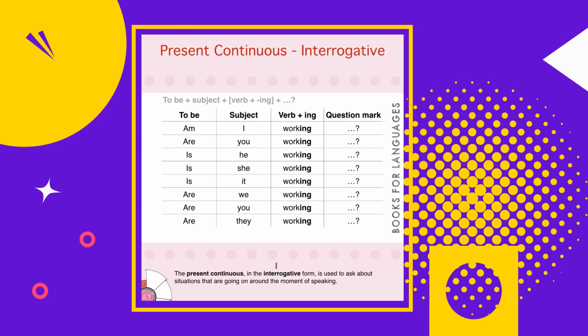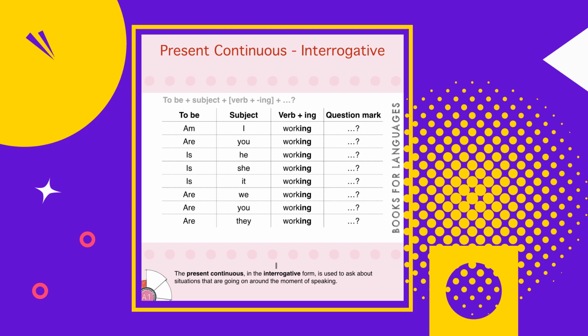Next is he. I choose feeling, feel plus ing, as the verb. So the sentence becomes, is he feeling well, and then question mark. There are a few days when we don't feel good enough, be it health-wise or emotionally. So yes, is he feeling well?